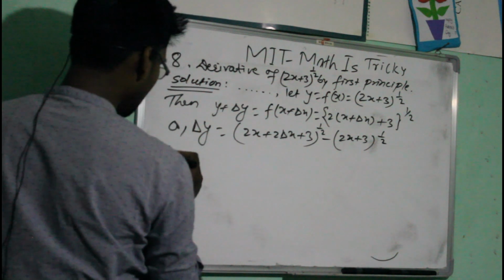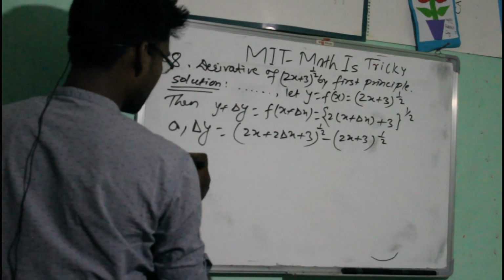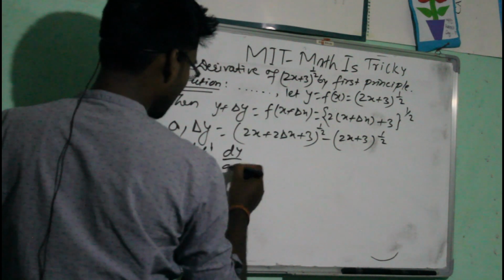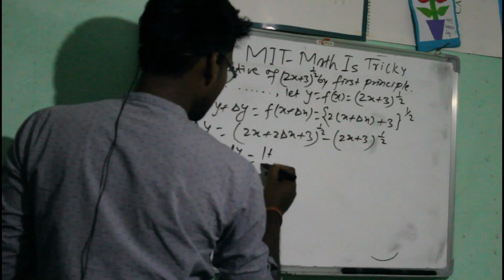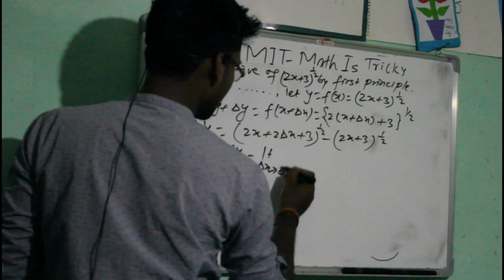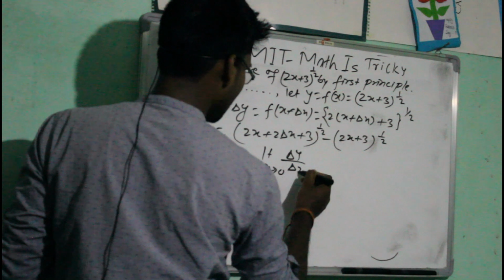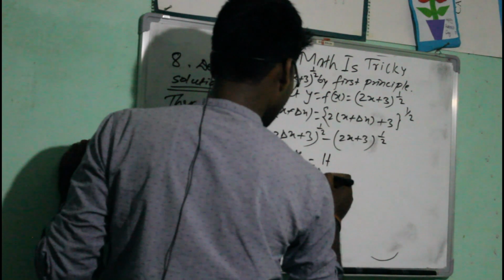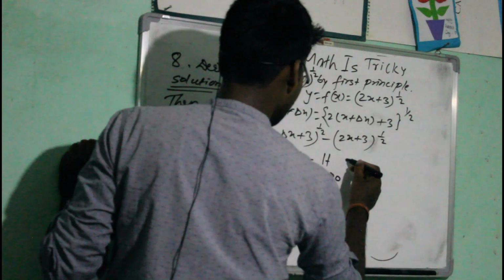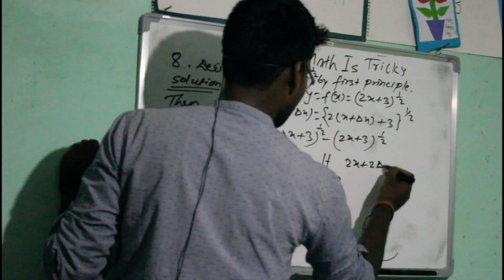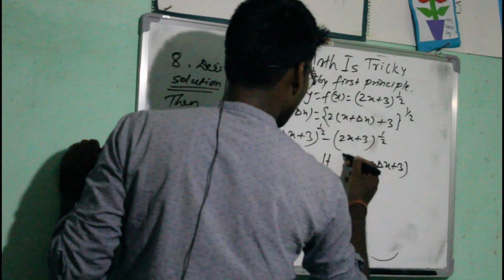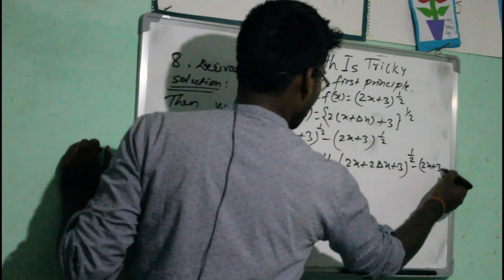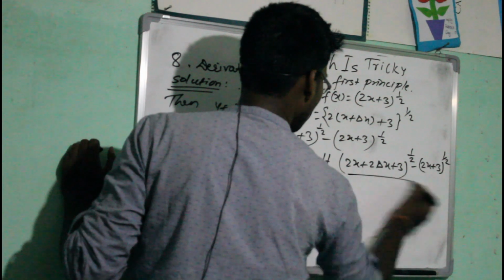Now by definition, or by first principle, dy by dx equals limit delta x tends to 0 delta y by delta x. That can be done as, simply, limit delta x tends to 0, delta y is (2x plus 2 delta x plus 3) whole power 1 by 2 minus (2x plus 3) whole power 1 by 2, by delta x.